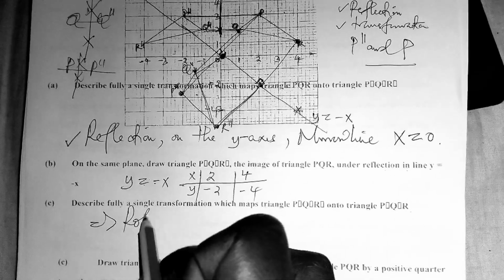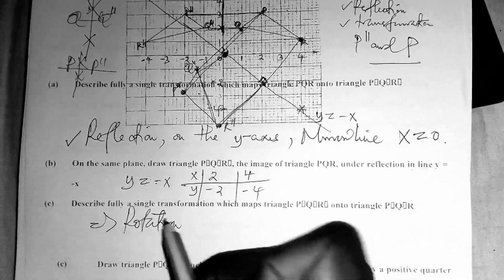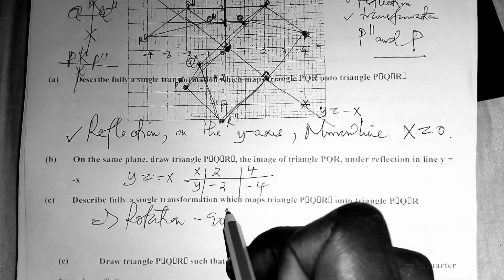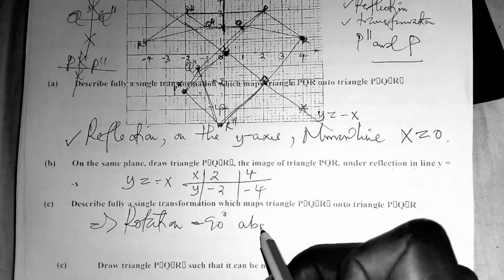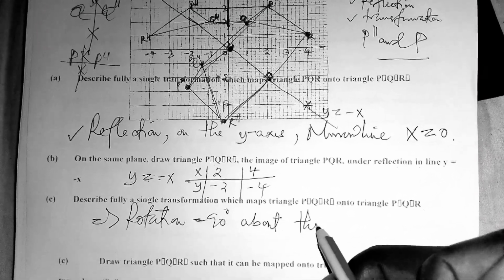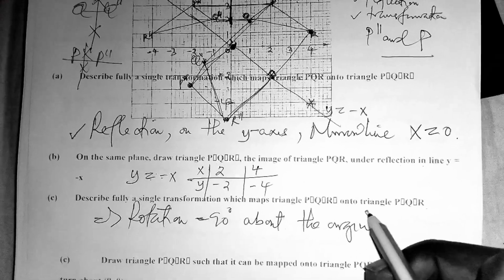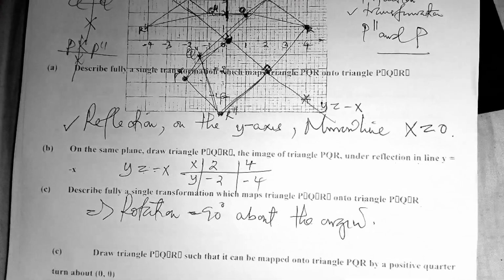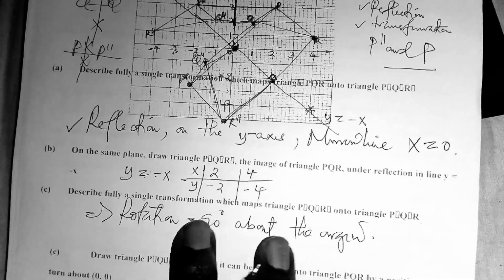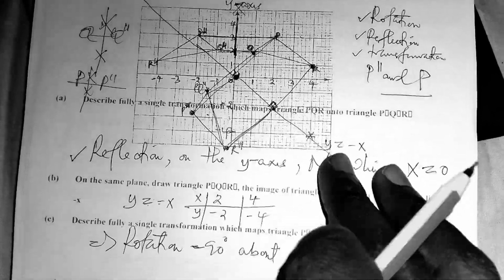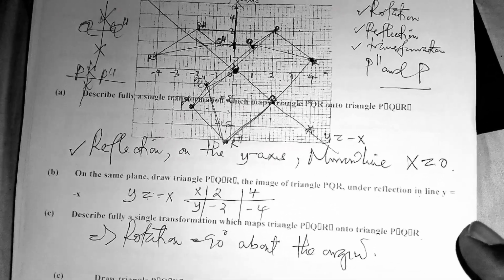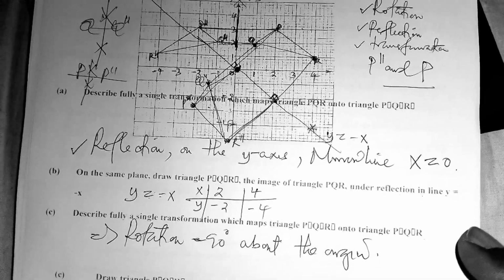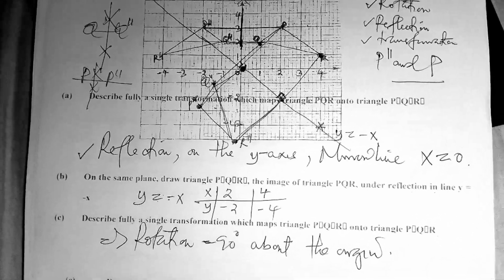We have rotation negative 90 degrees about the origin. So for negative rotation, we go clockwise. For positive rotation, we go anti-clockwise.